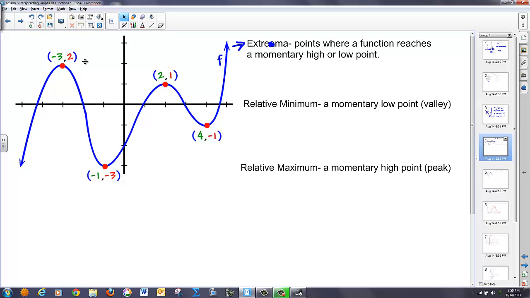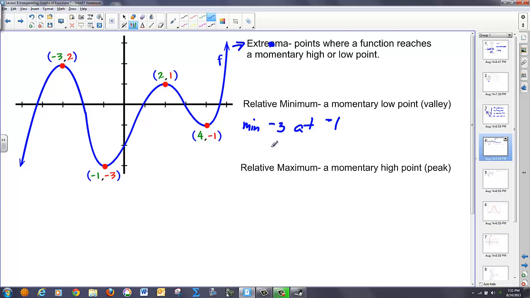All right? Now, if we want to name the extrema, we would say there is a relative minimum of roughly a value of -3, and we say that happens at -1.